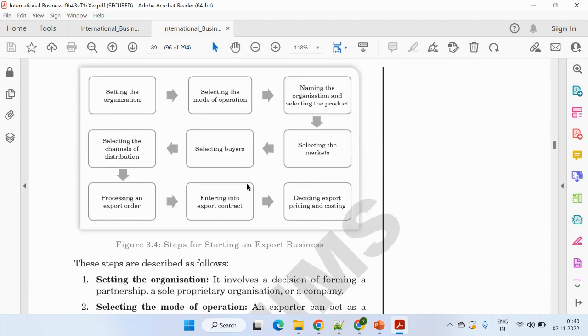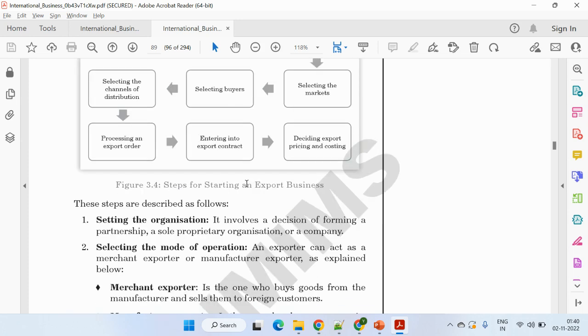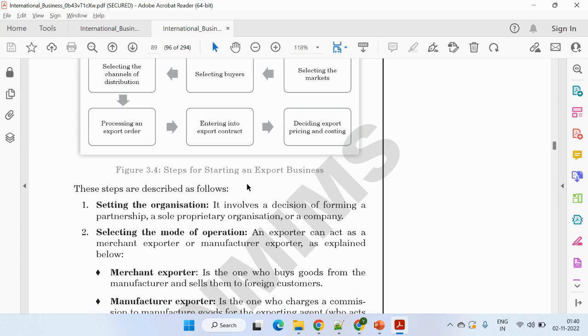Like setting up the organization, how you want to set it up, selecting the mode of operation, how you will ship the items, in our case study electric fans to Sri Lanka or maybe Mauritius, because there is no direct way, maybe via flights or some other modes, so cargo services. You need to think from that perspective.